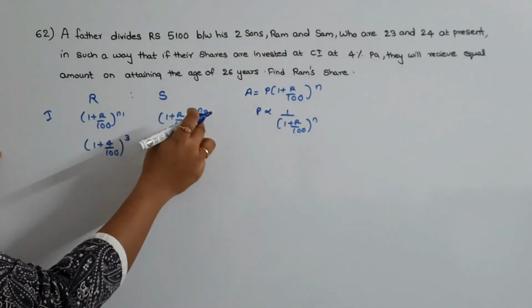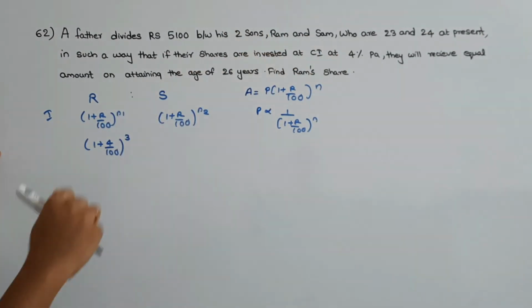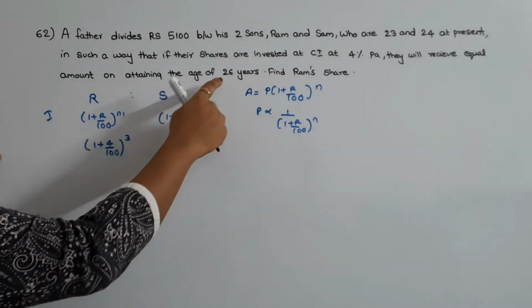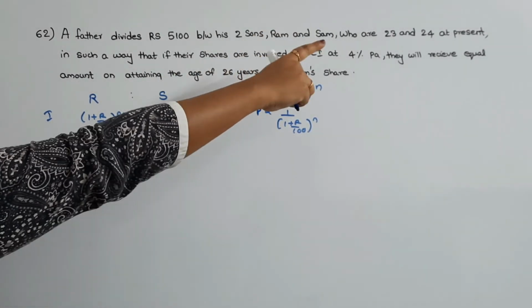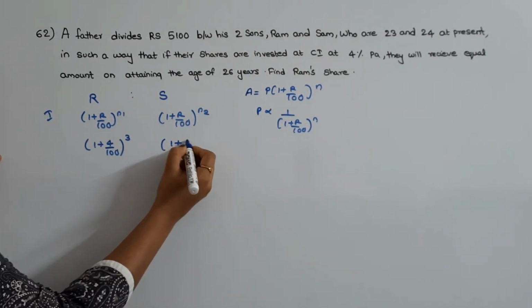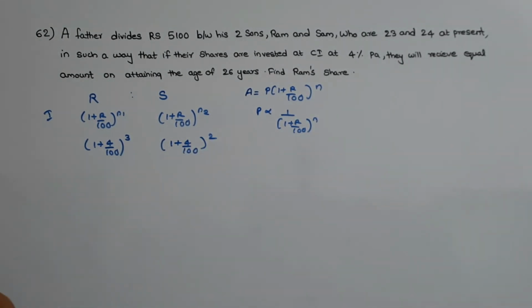And what is the time period of Sam? When Sam was 24 years, his father invested the money, and it was invested until he was 26 years. So what is his time period? 26 minus 24, that is 2 years. So this will be equal to 1 plus 4 by 100 whole raised to 2.